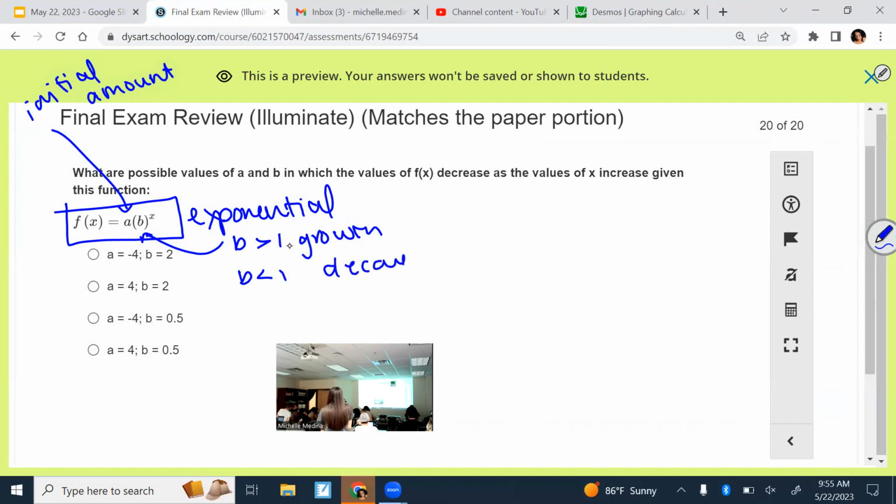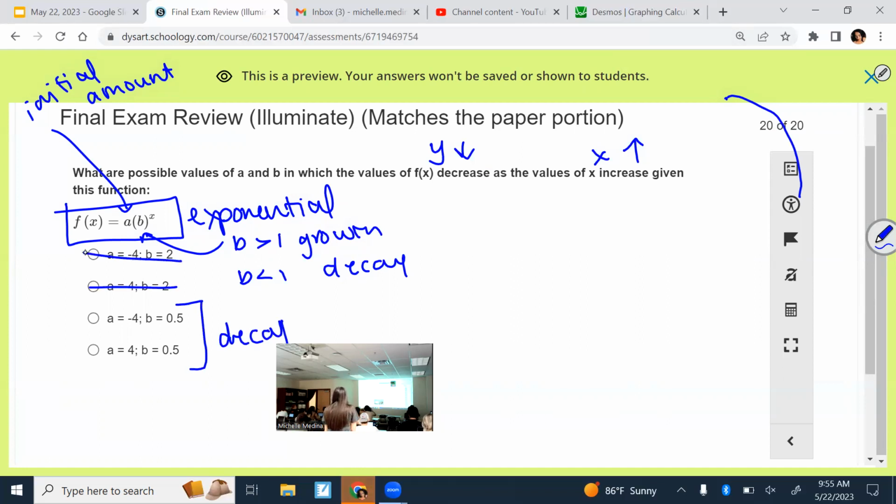So then this one's asking as f of x decreases, so the y's are decreasing, x is increasing. So the graph is going downward, something like that. So which one would be decay? Which options? These last 2 would be decay. So that narrows me down to 2 options.